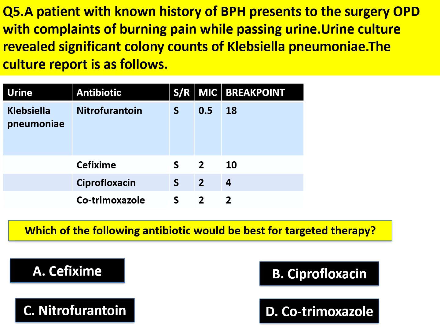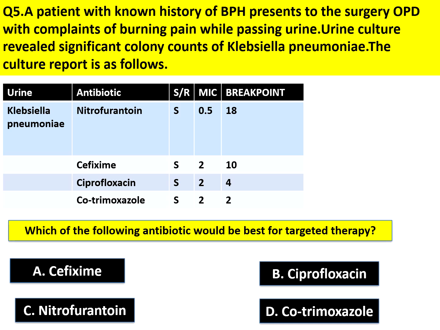A patient with known history of benign prostatic hypertrophy presents to the surgery OPD with complaints of burning pain while passing urine. Urine culture revealed significant colony counts of Klebsiella pneumoniae. The culture report is as follows. The isolated organism is Klebsiella pneumoniae with sensitivity to nitrofurantoin, cefixime, ciprofloxacin, and cotrimoxazole, with MIC and breakpoint as given in the table.